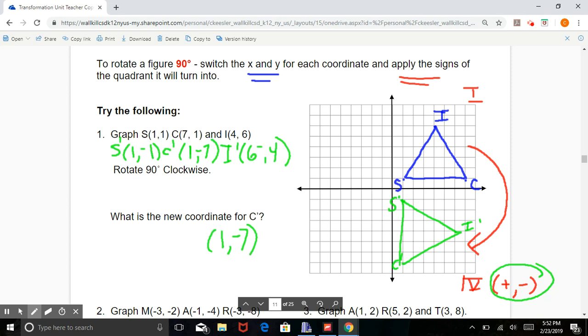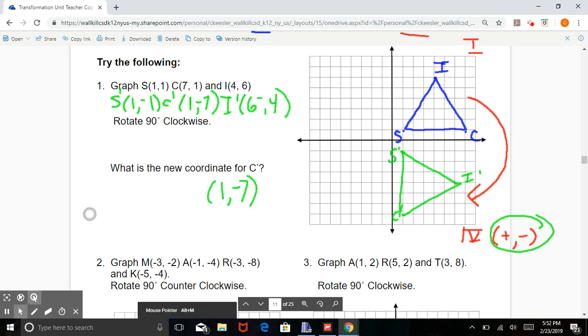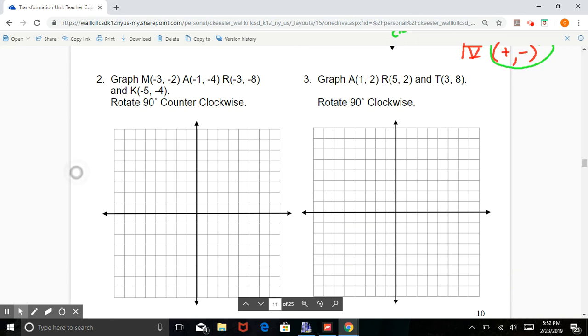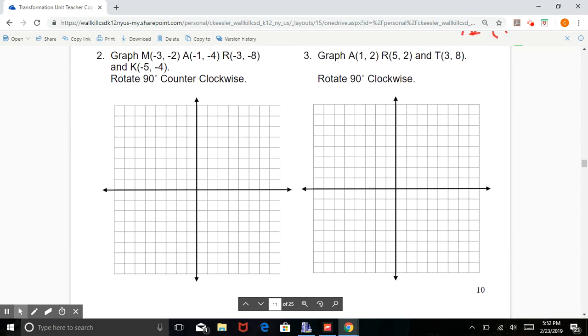Okay, so let's take a look at another example together. So in this case, we have MARK. So we'll start by graphing those points. M is at -3, -2. A is at -1, -4.